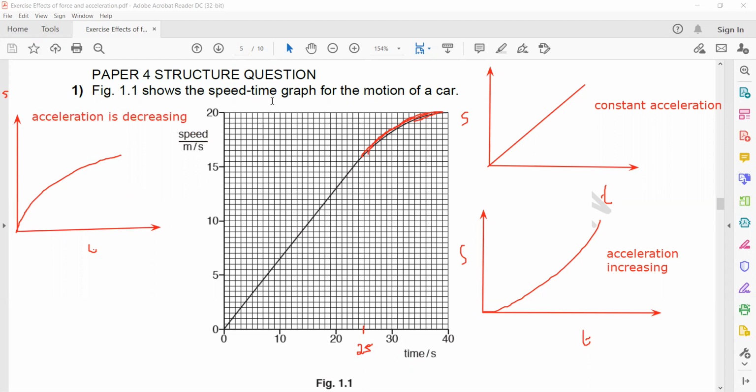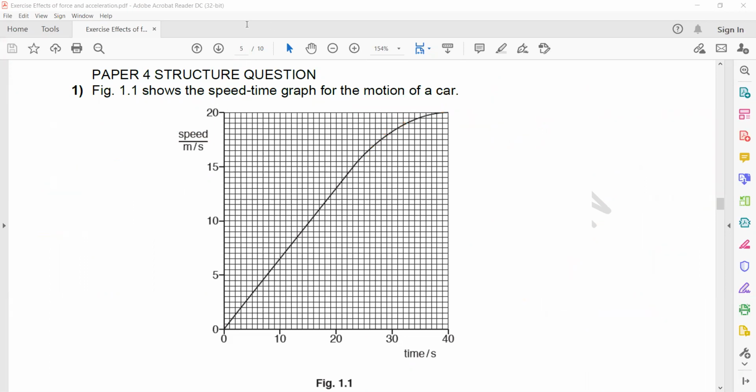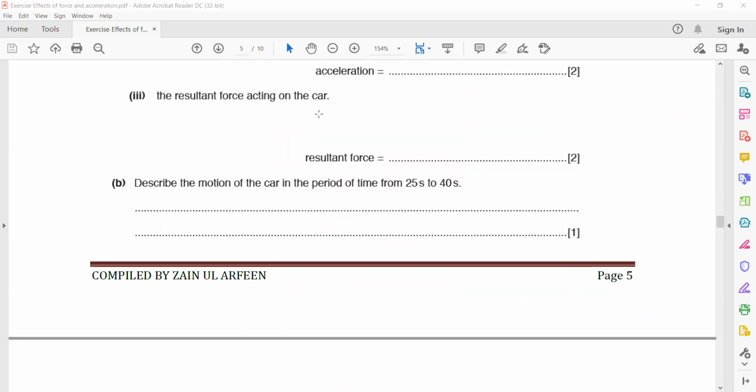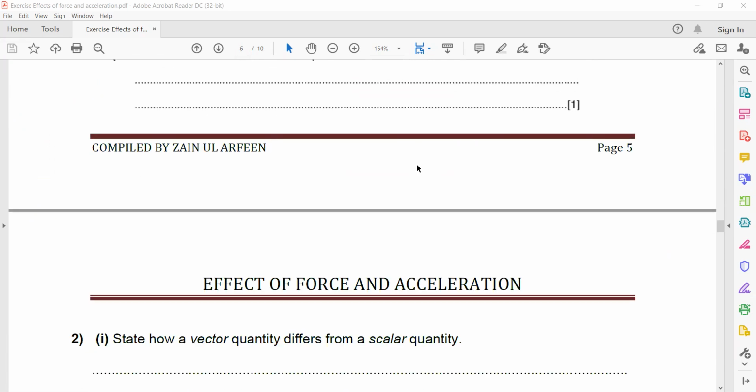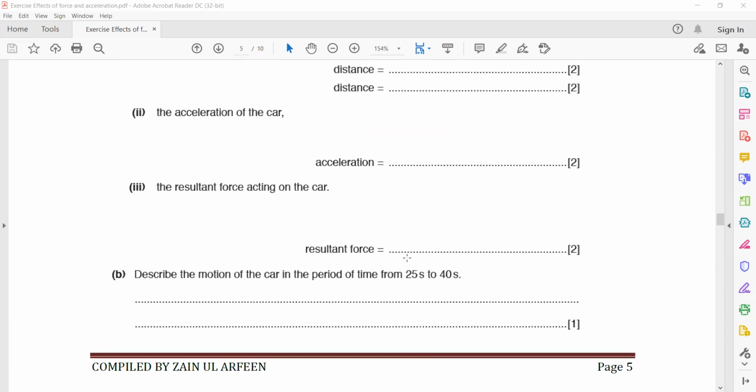That's why when we write the answer in the last part, we will say that acceleration is decreasing from 25 seconds to 40 seconds. Is it clear? That was a question of only 1 mark. So you just have to mention that acceleration of the car is decreasing from 25 seconds to 40 seconds. Is it clear now?